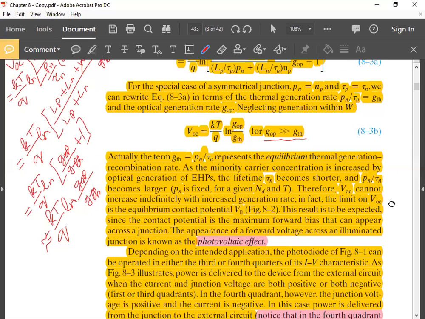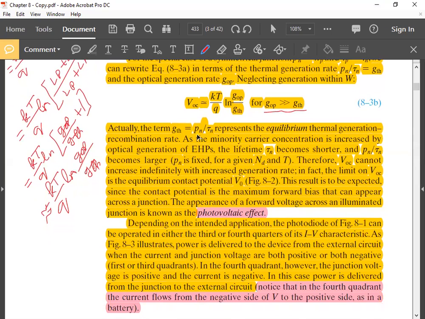Understood? So the term G_thermal equal to P_n by tau n represents the equilibrium thermal generation-recombination rate. As the minority carrier concentration is increased by optical generation of EHPs, the lifetime tau n becomes shorter and P_n by tau n becomes larger, since P_n, the equilibrium minority carrier concentration, is fixed. Therefore, VOC cannot increase indefinitely with increased generation rate.